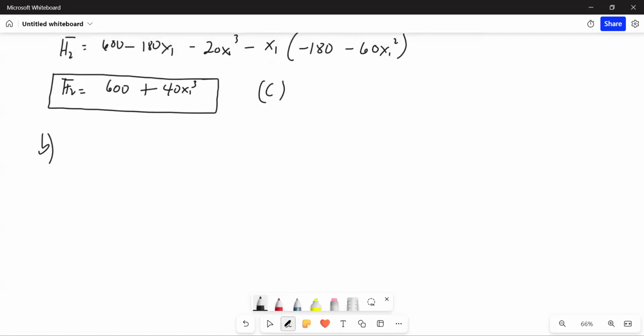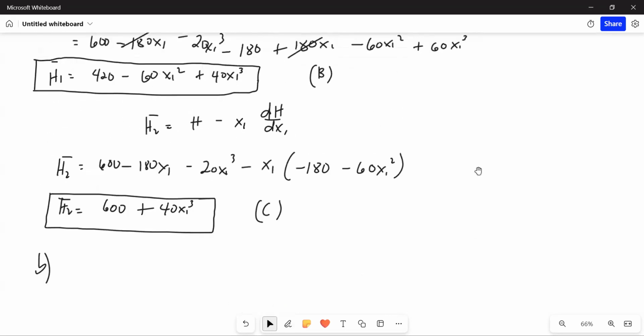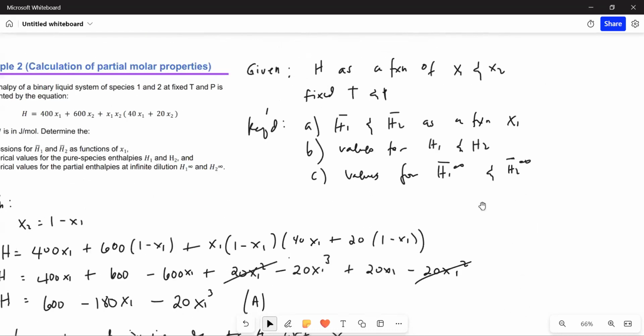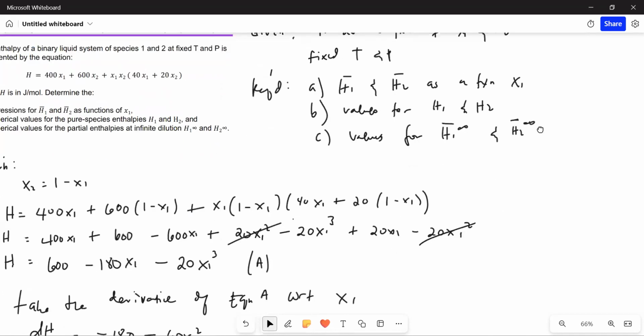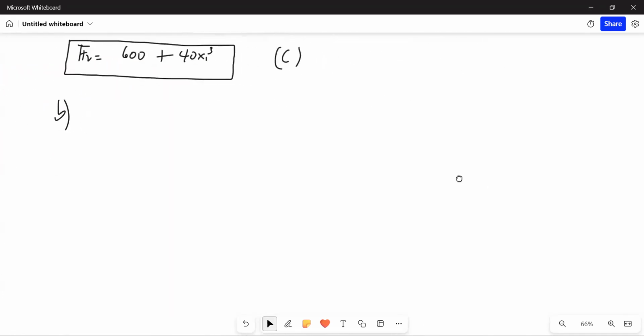Now that we have expressions for the partial molar properties in terms of x sub 1, the next required values are the actual values for the pure species enthalpy of species 1 and 2.